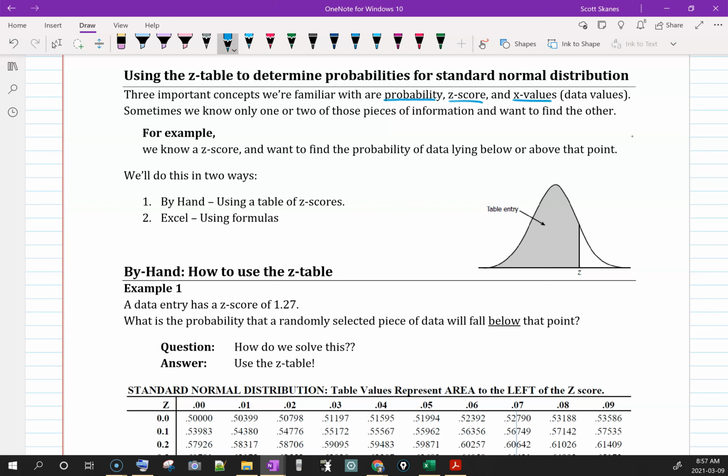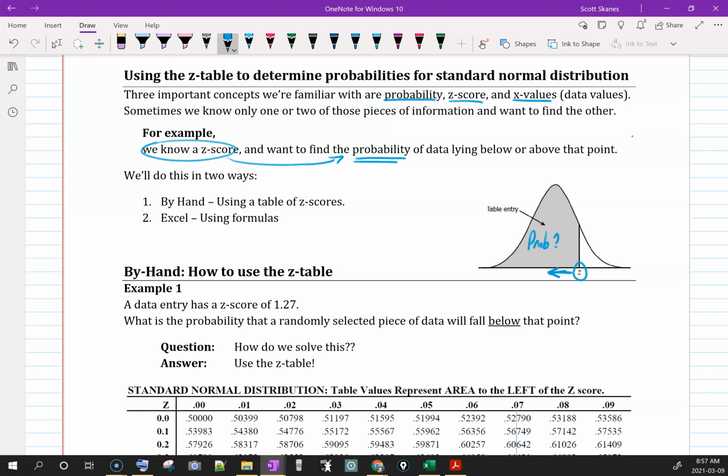So sometimes we only know one or two of the pieces of information. For example, we might know a z-score, and we want to find the probability of the data lying above or below that point.